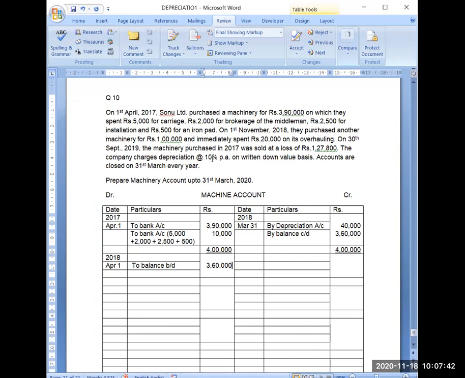Now we have to identify the transactions done in 2018-19. So this is the transaction given here. 1st November 2018, they purchased another machinery for rupees 1 lakh. So the date is November 1. To bank account and the amount is 1 lakh.